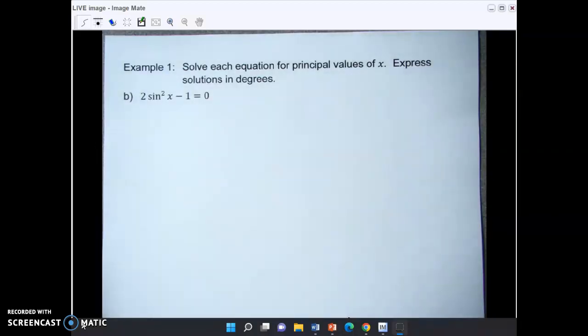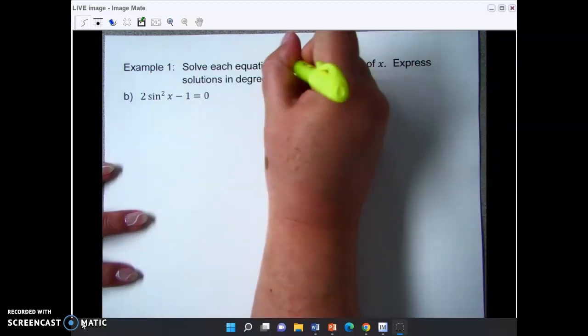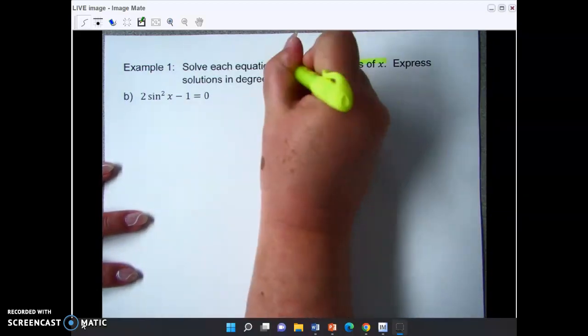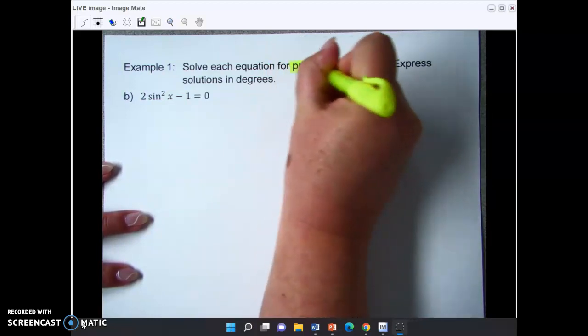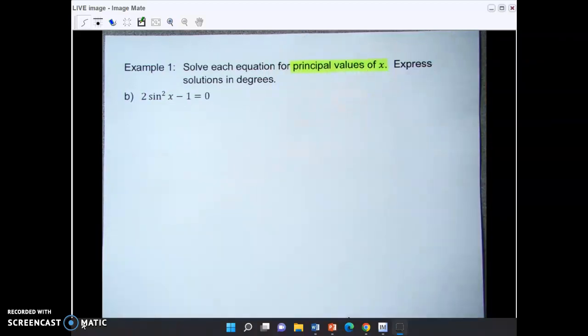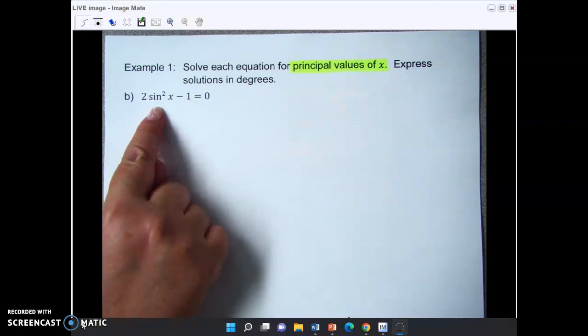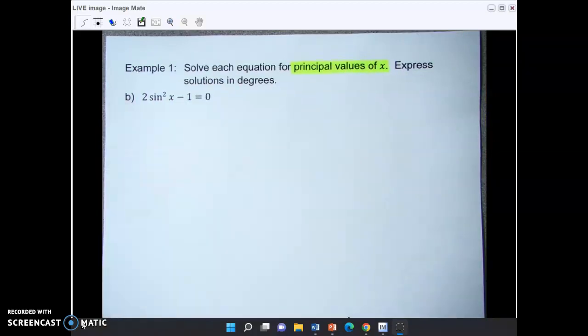So we're going to do another question where, again, the directions are important. So it's saying principal values of x. And so this one says 2 sine squared of x minus 1 is equal to 0.